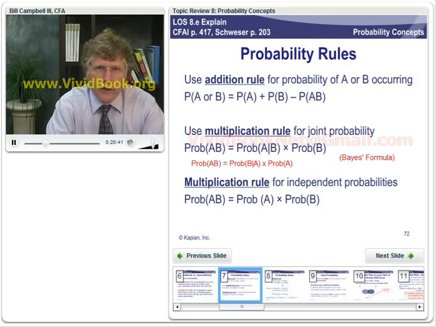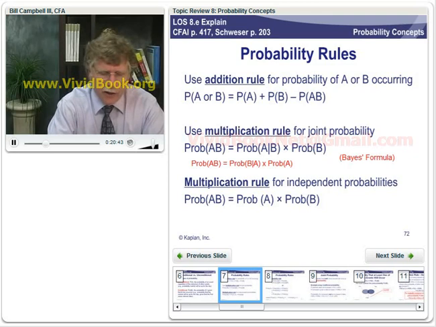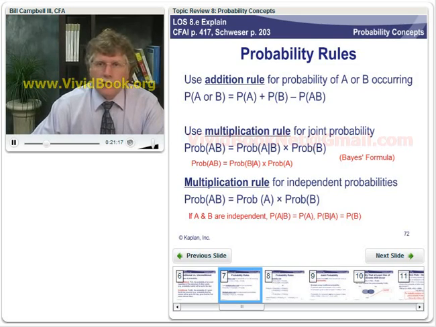If A and B are independent, the probability of A given B equals the probability of A. And the probability of B given A is the probability of B. So write that note under there.